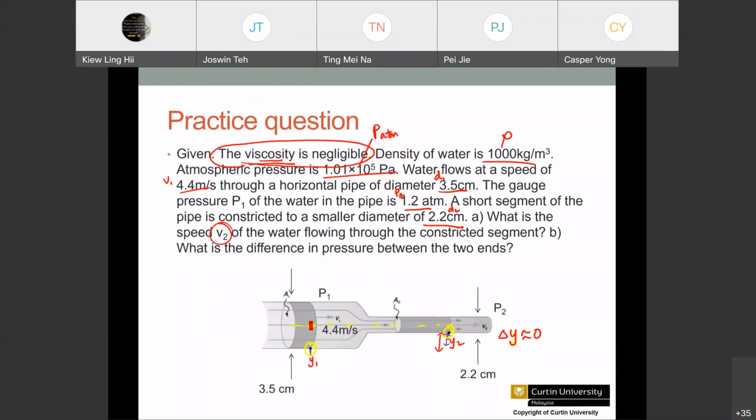When it comes to degree later, you will slowly be topped up with certain properties that you have to include in your equation. So for now, just get used to the application of the Bernoulli equation first. When it comes to degree, there will also be a lot of assumptions, so get prepared for fluids.